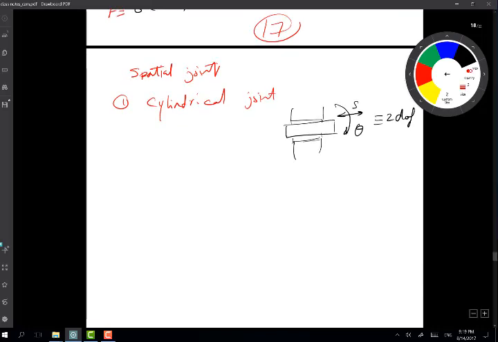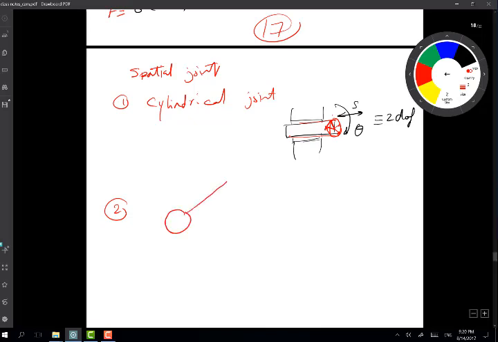The reason the cylindrical joint is a special one, by the way, is that as it rotates, it takes a point from one plane to another. Hence, it's a special joint. The other special joint was the ball and socket joint.